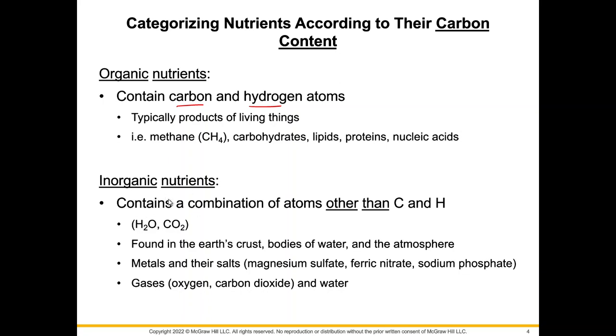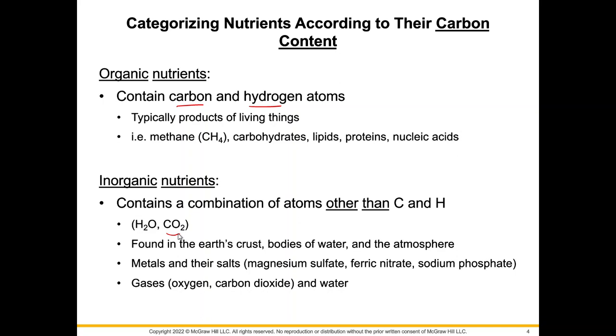Inorganic nutrients are a combination of elements that contain something other than carbon and hydrogen. So for example, water, H2O, it contains hydrogen, but there's no carbon, so it is considered inorganic. Likewise, carbon dioxide, listed here, contains carbon, but no hydrogen, so therefore it is classified as an inorganic molecule as well.